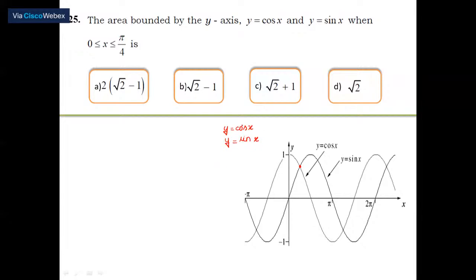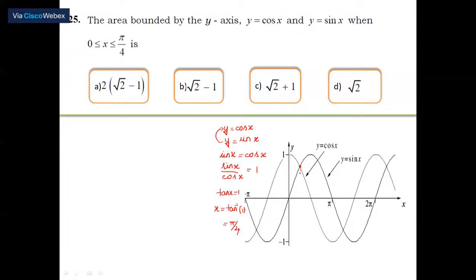When we substitute y as sin x in the previous equation, we get sin x is equal to cos x, or sin x by cos x is equal to 1, or tan x is equal to 1, or x is tan inverse of 1, that is pi by 4.